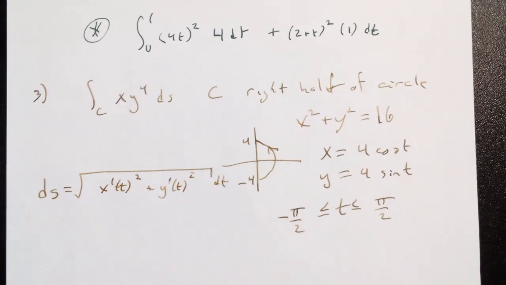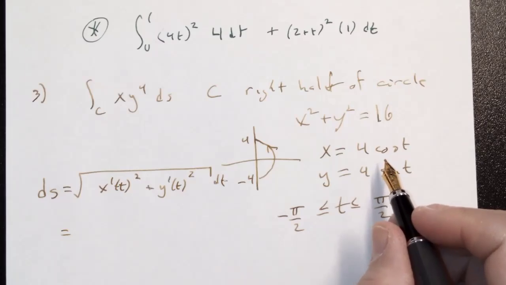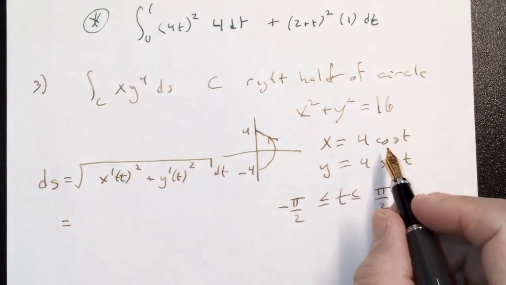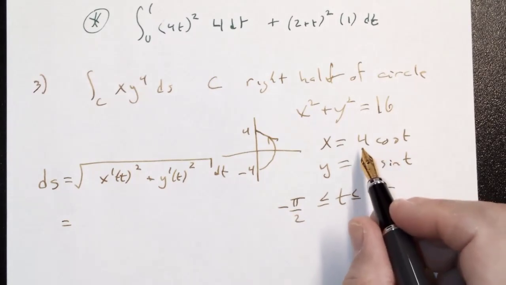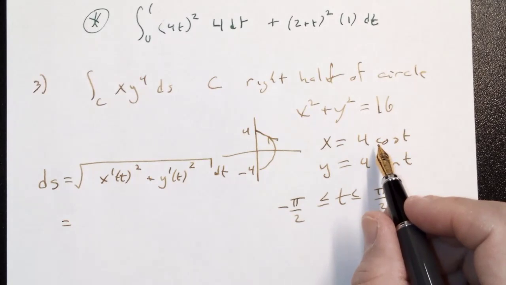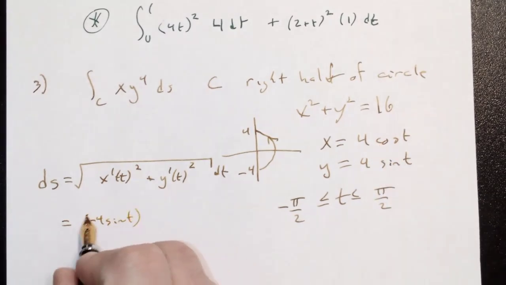I need x prime squared. Derivative of 4 cosine t. Oh, the derivative of cosine though is -4 sine t, but that gets squared.